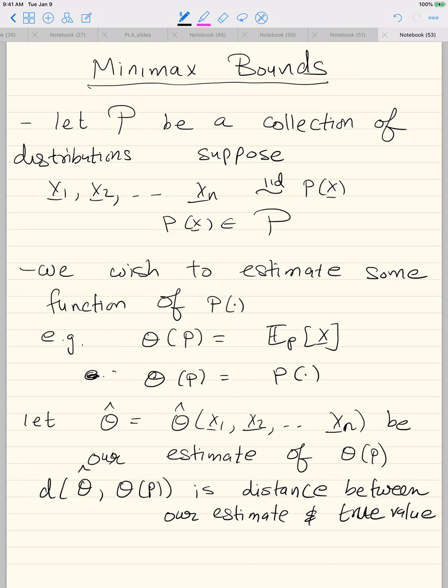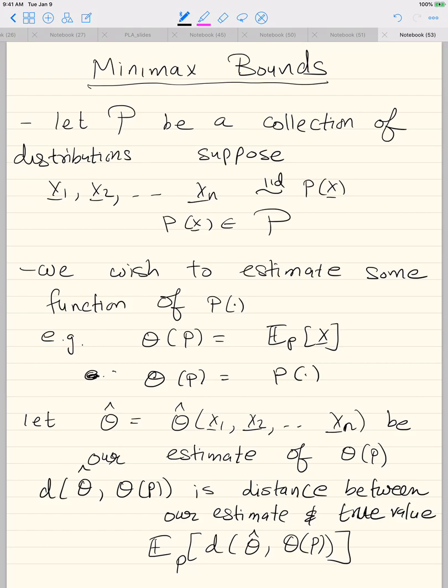And what we look at is the following quantity: the expected value of d of theta hat and theta of P. So we look at the distance between our estimate and the true value, but the expectation is with respect to P, the distribution from which our points x1 to xn are sampled. Here P is some fixed distribution. From P we sample x1 to xn, IID.